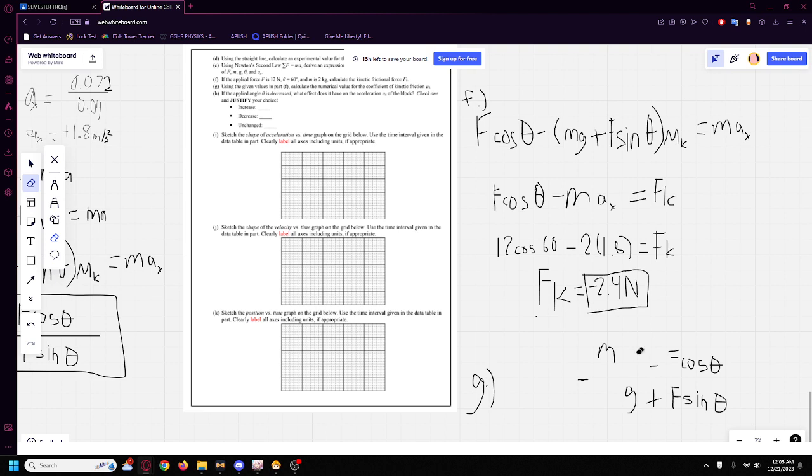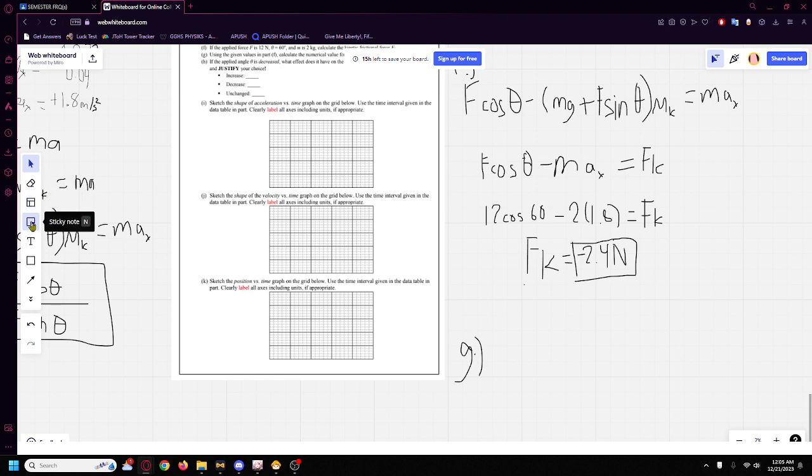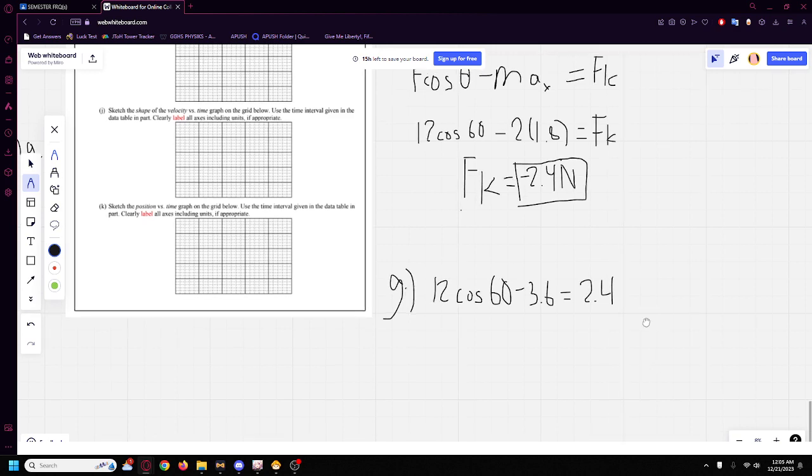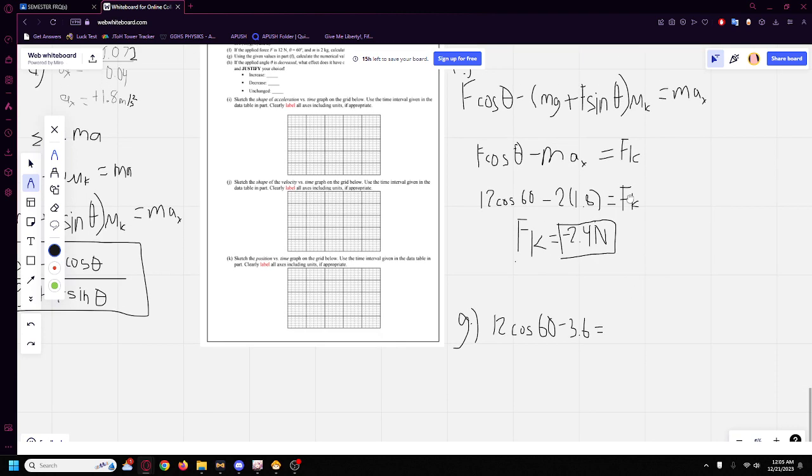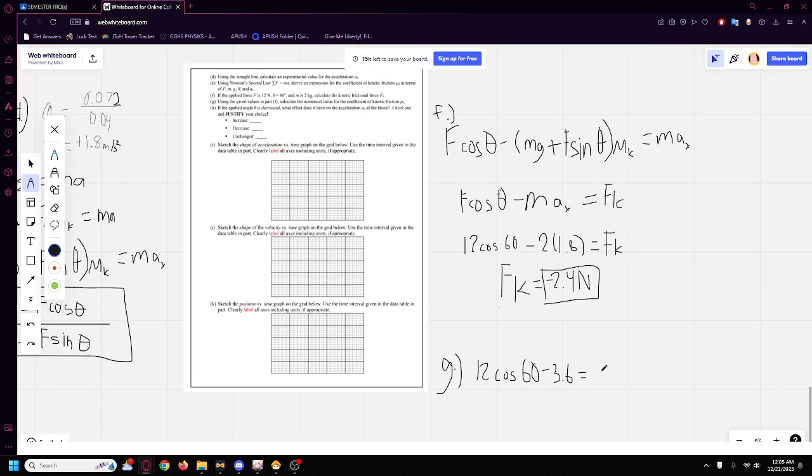So we know that 12 cosine 60 minus 3.6 is equal to 2.4. And then this is the same thing as mg.